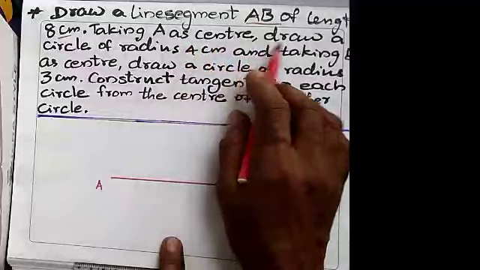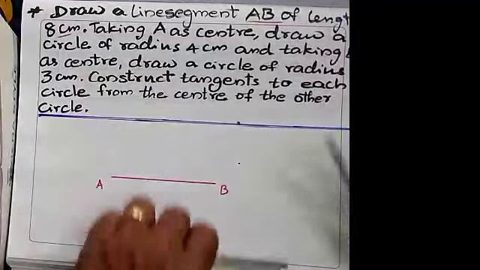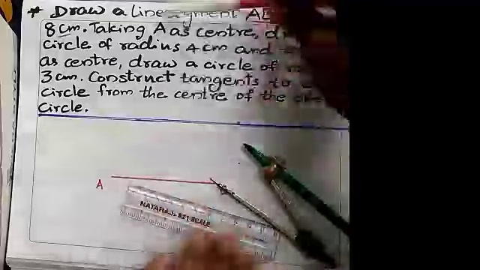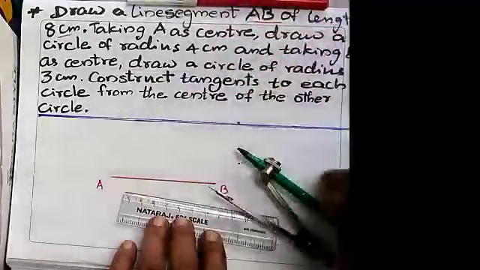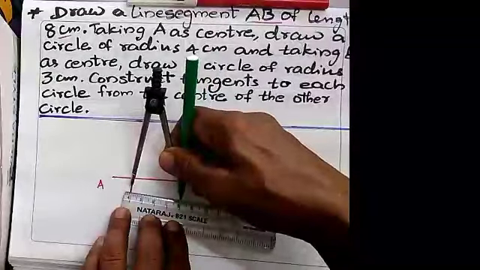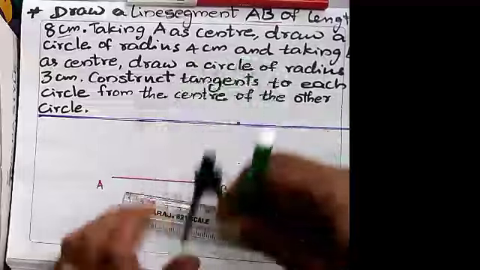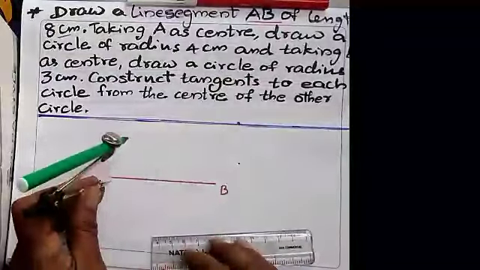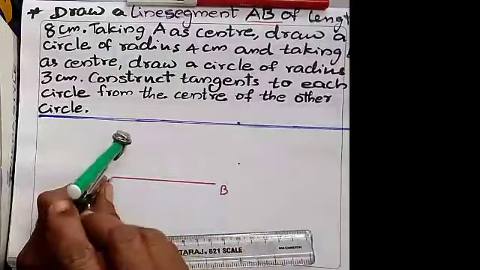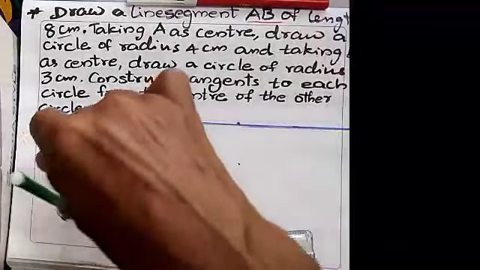Taking A as center, draw a circle of radius 4 cm. So for that, in your compass, you can select a 4 cm radius. With A as center and 4 cm radius, draw a circle.